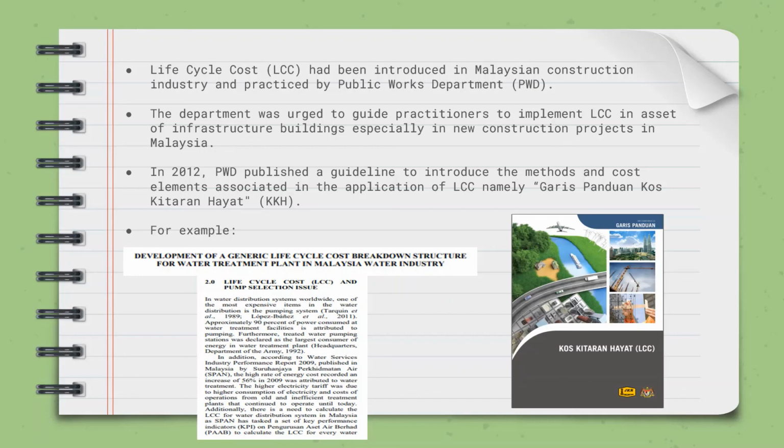The department was urged to guide practitioners to implement life cycle costs in aspects of infrastructure buildings, especially in new construction projects in Malaysia. In 2012, PWD itself published a guideline to introduce the methods and cost elements associated in the application of life cycle cost, namely Garis Panduan Kos Kitaran Hayat.